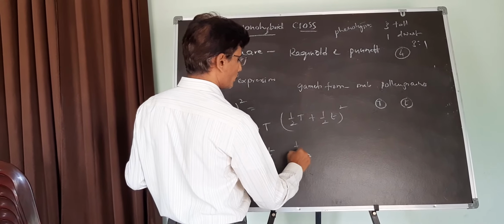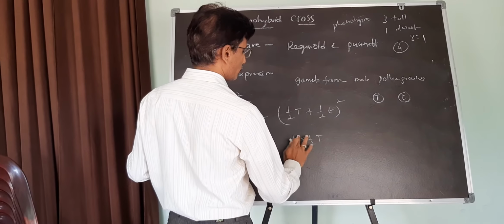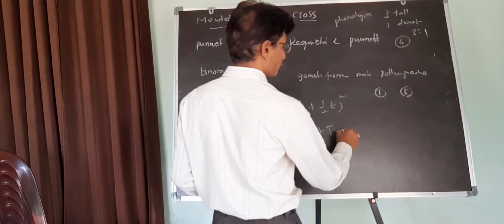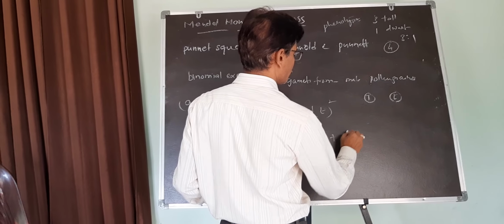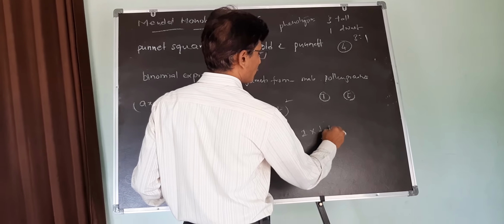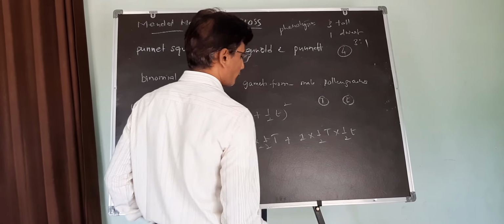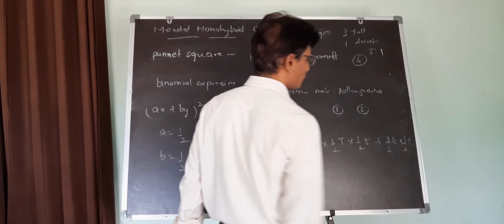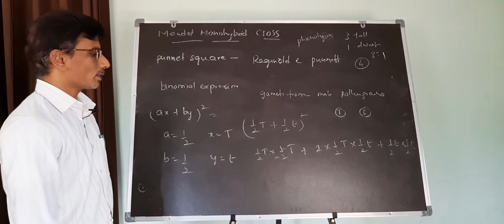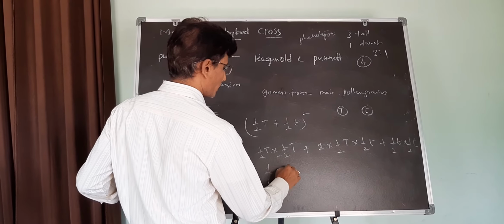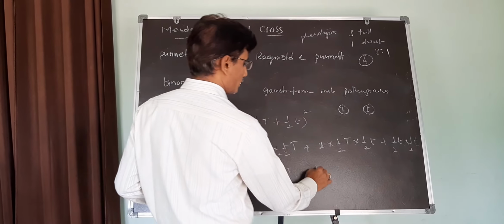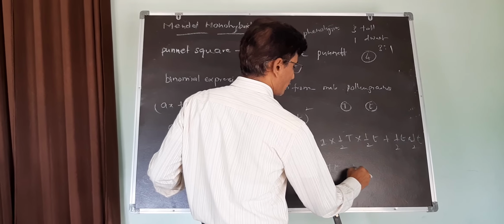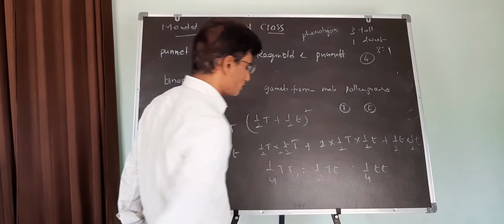Then what will happen? 1/4 capital T capital T, 1/2 capital T small t, 1/4 small t small t.